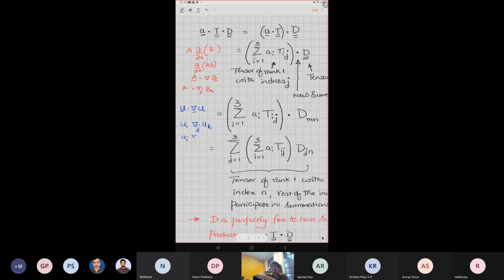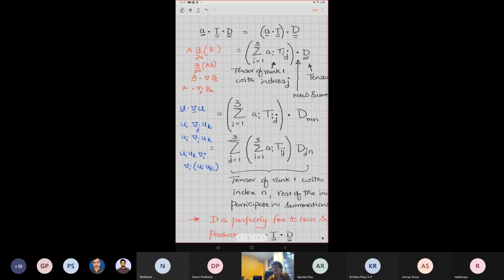This is not permitted because I'm changing the location of del, which is supposed to act on what follows. And del_i acting on u_i u_k may have a different meaning, because I'm doing operations like del by del x, del by del y. That is not permitted as long as I stick with the indices, but not about switching the position.